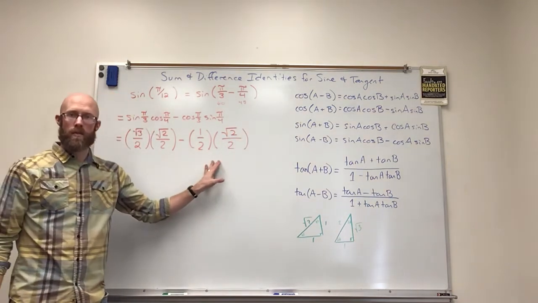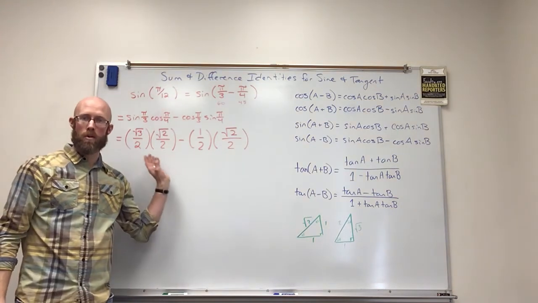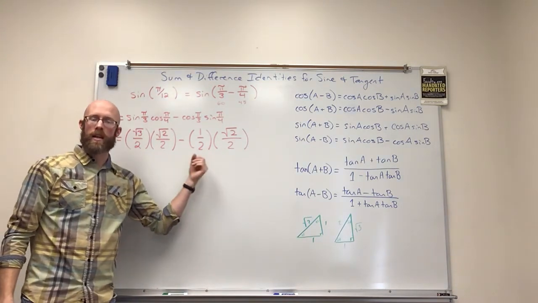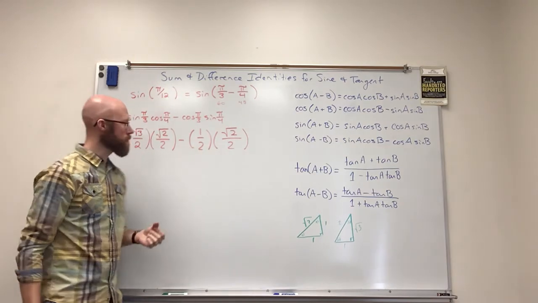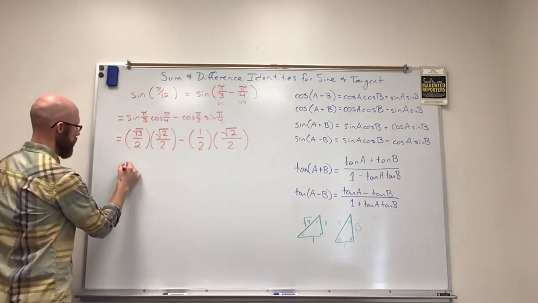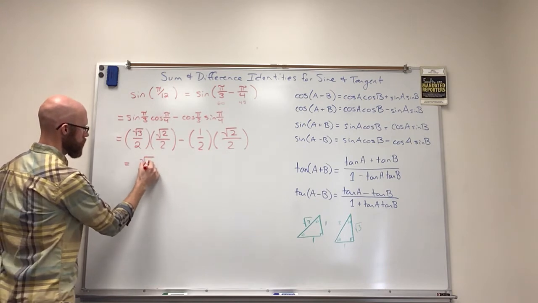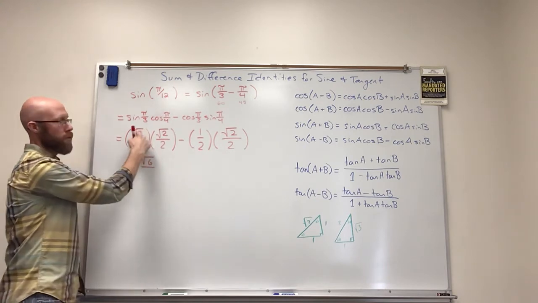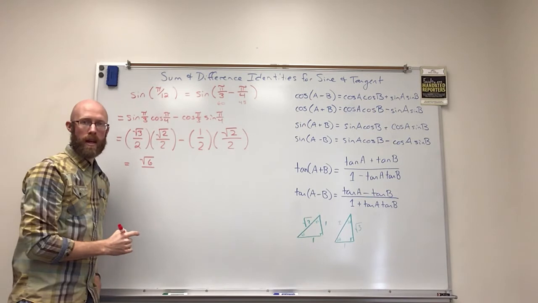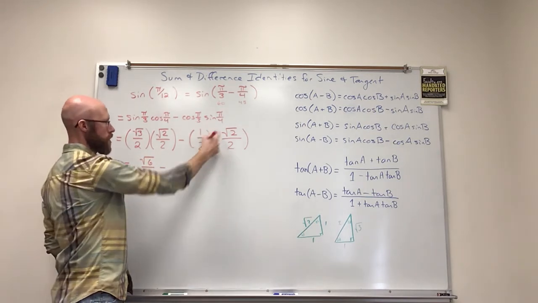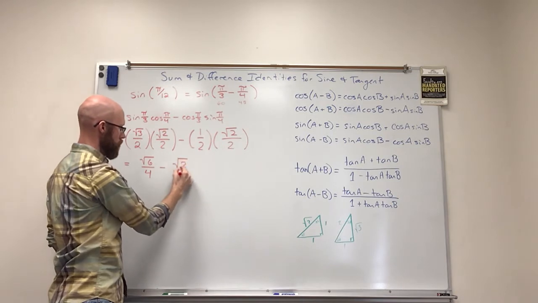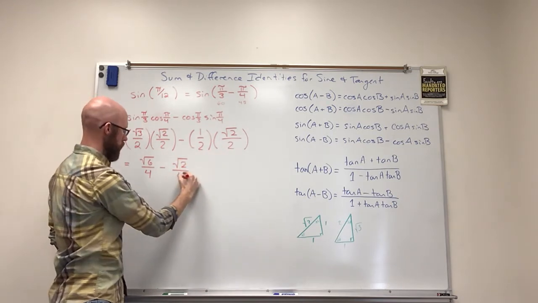Now I have these two terms, each with two factors. I can combine those factors by multiplying the numerators and denominators together. So on top here I have a square root of 6, because if they're both under a root, I can multiply them together, over 4, minus, here 1 times root 2 is just the square root of 2, 2 times 2 is 4 again.